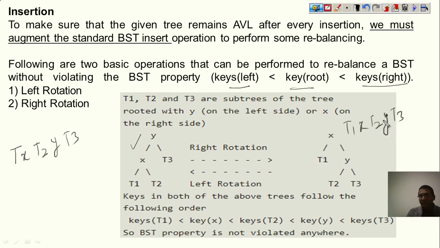What you will observe is that the sequence T1 X T2 Y T3 is the same for both trees. That means even if you change the structure, the in order sequence remains the same, so our BST property is not violated.